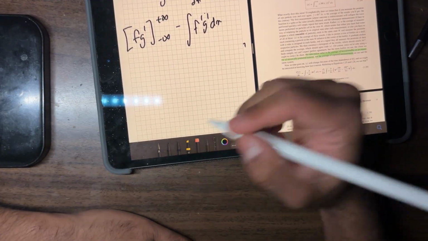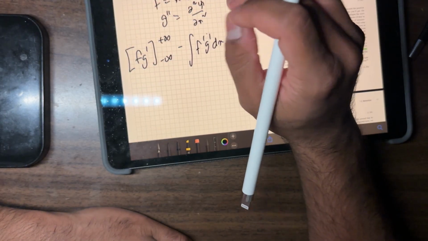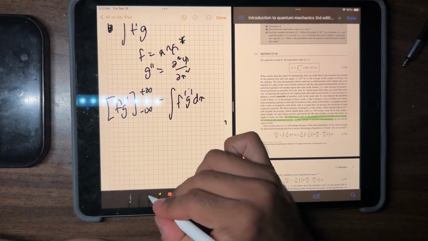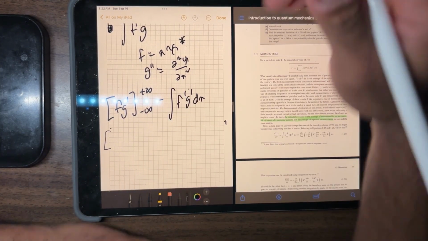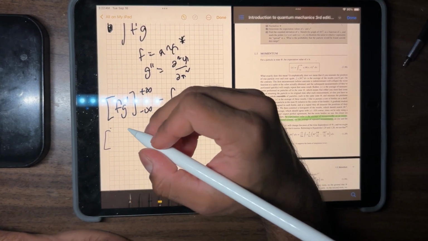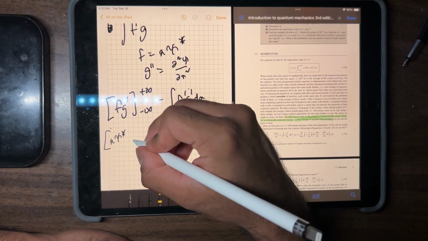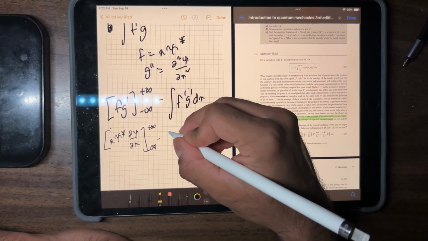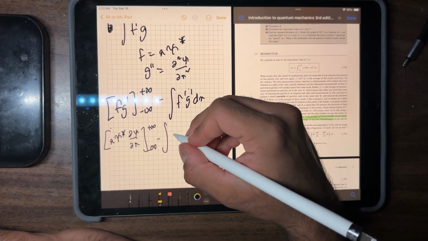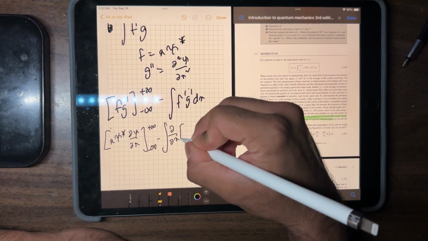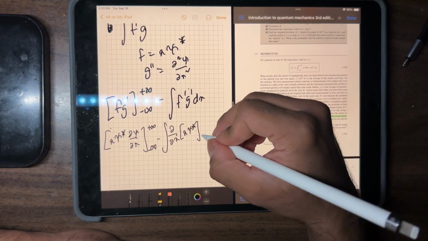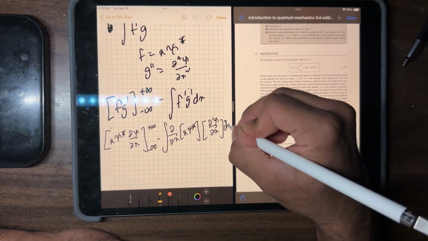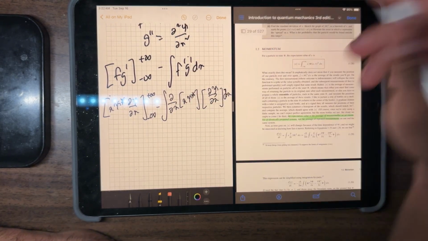Let me decrease it. So f g prime is x psi conjugate d psi by dx from minus infinity to plus infinity, minus integration of d by dx of x psi conjugate times d psi by dx dx. So simply this leads to one whole integration, right?